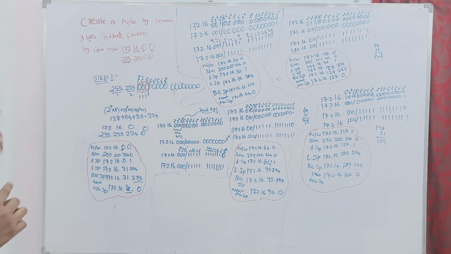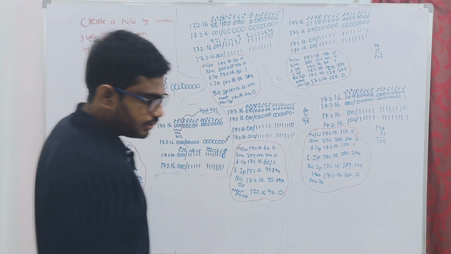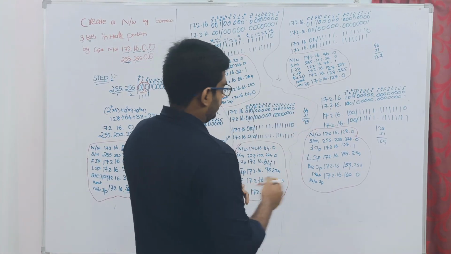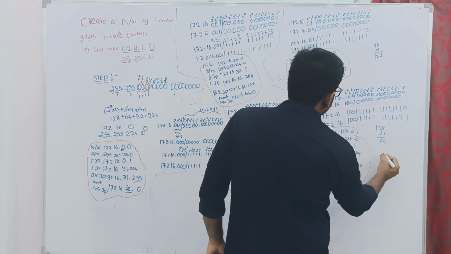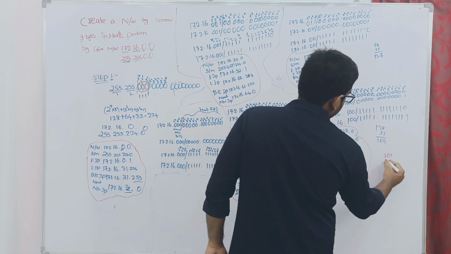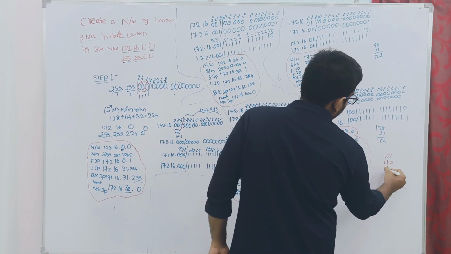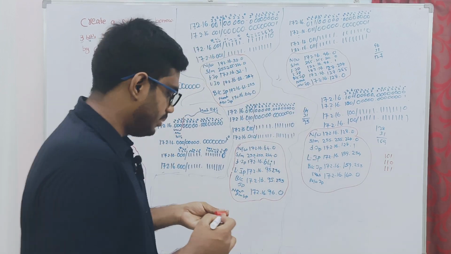So still we have 3 networks remaining, which are 101, 110, 111.